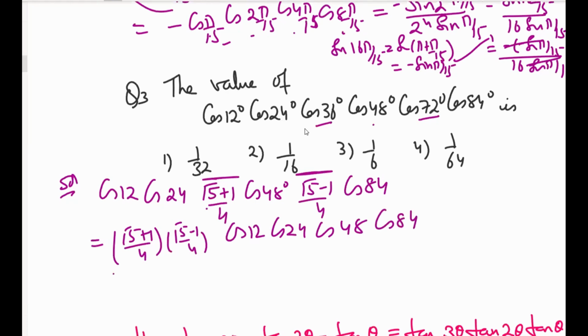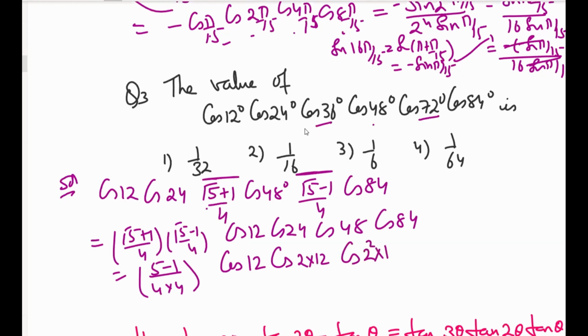Now look, using the identity of (a + b)(a − b), I write this as a² − b², and so I get the value. Now what else is it? 12 can be taken as A. 24 is 2A. 48 is 2² A, 4 into 12 is 48.